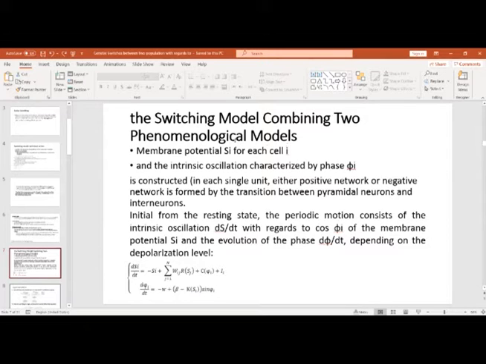How we get the equations is based on 2 important variables here. One is the membrane potential S, and the second is its phase. This stands for the interaction in one unit, and then it is based on the time.